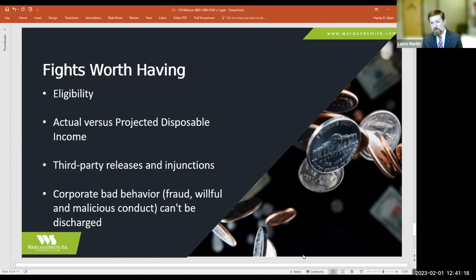So at least in the cases we've been involved in and seen, there's not a tremendous amount of litigation. We're not seeing dueling experts fighting over valuation of assets. We're not seeing experts put on the stand to fight over feasibility of business projections.